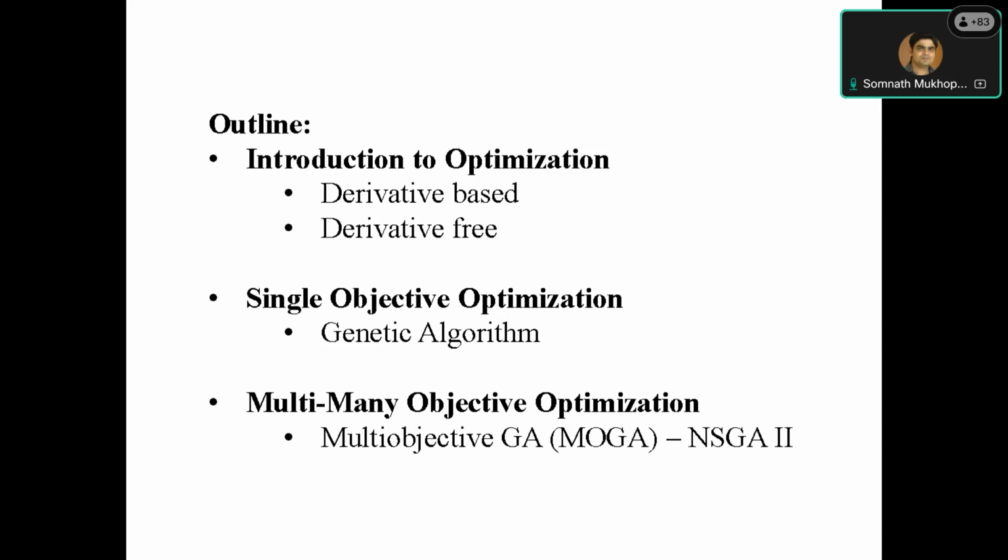An optimization problem can be solved by using derivatives, or without using derivatives. By using derivatives, one can solve the problem using the gradient descent algorithm.